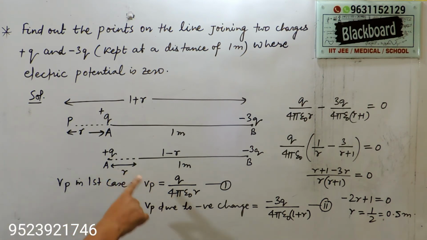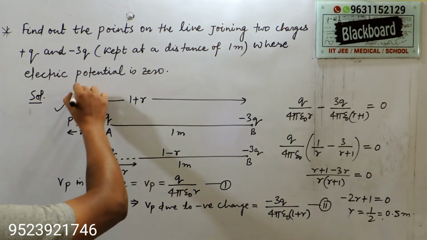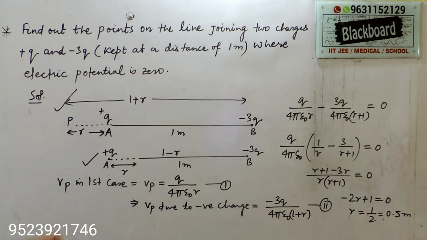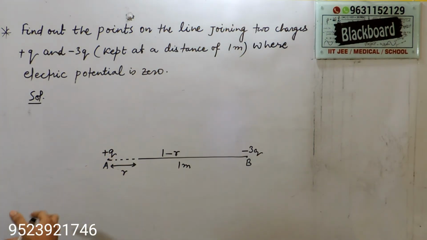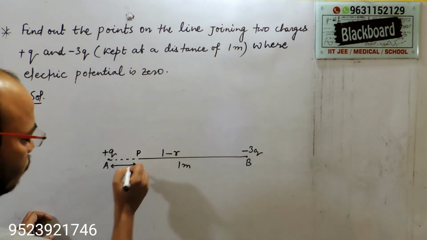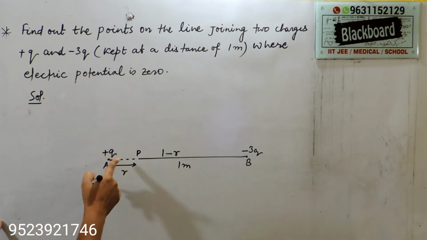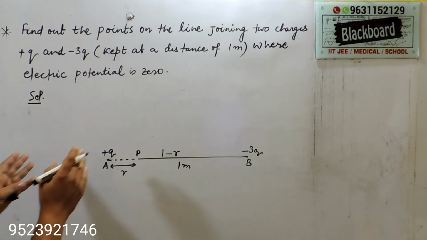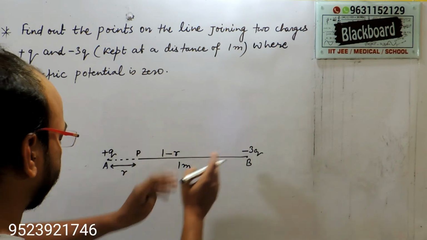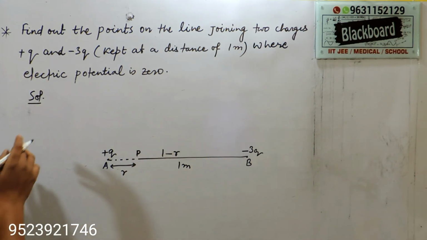Now for the second case, P will be at this point here. That means the sum of the potential due to the positive charge and the potential due to the negative charge is again 0.